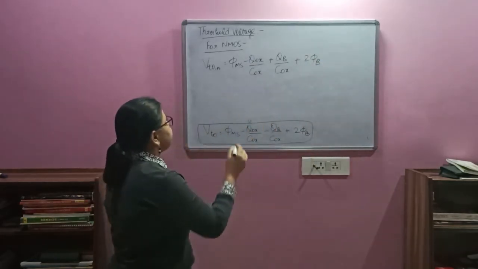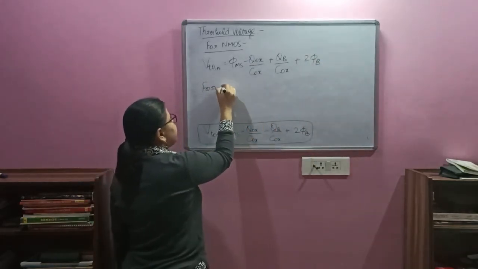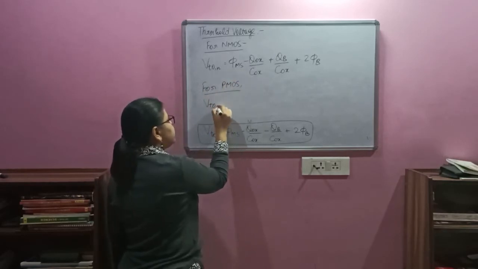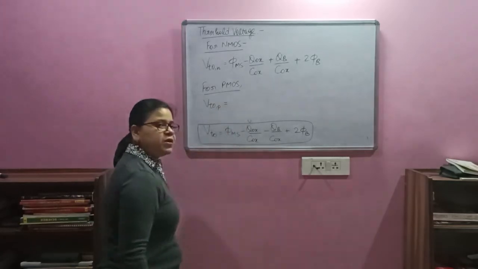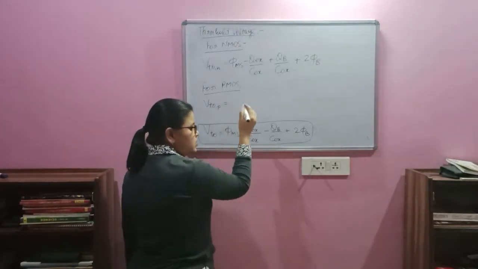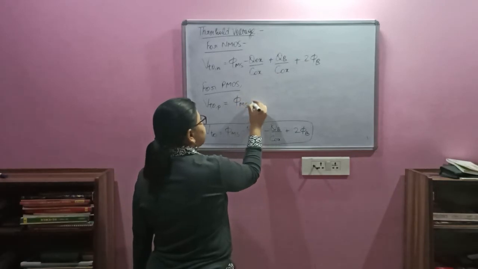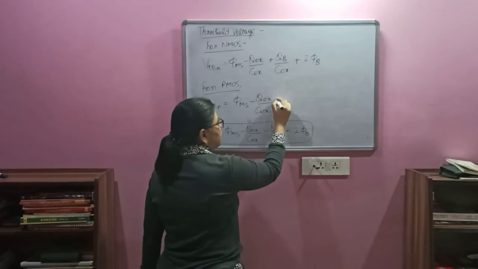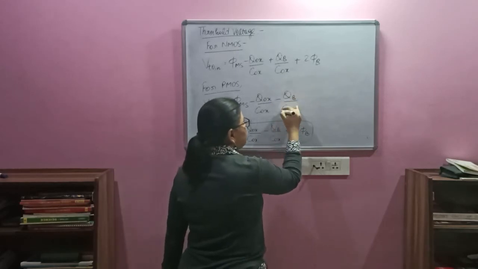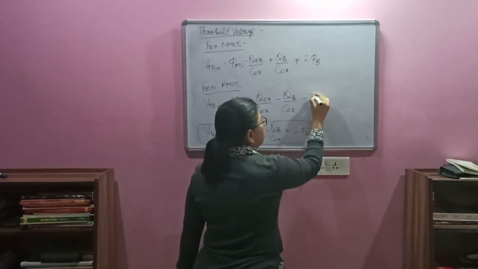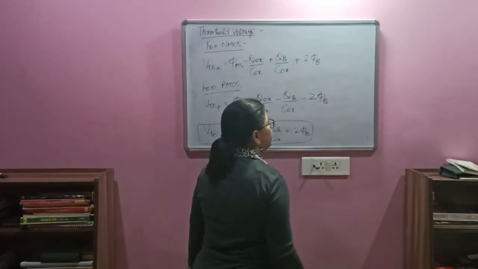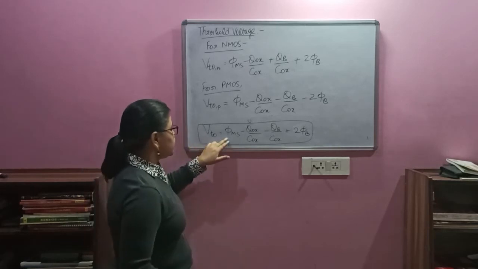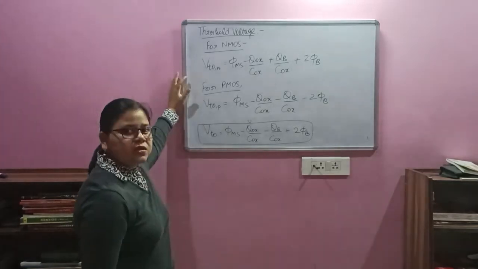This is how we write it for the NMOS, and when I am writing it for the PMOS, it will be stated as Vt naught P, where the suffix P is for the PMOS, and it will be written as phi ms minus Q oxide upon C oxide minus Qb upon C oxide minus 2 phi B. So this is how we change this equation as per the concerned device.